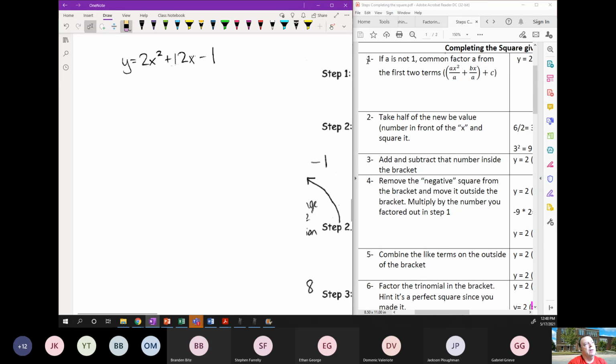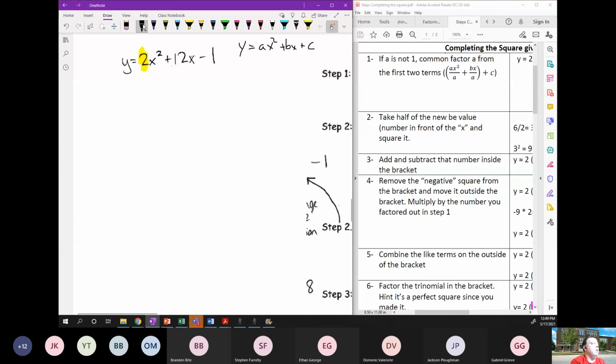So step 1 says, if A is not 1, and what I mean by A is the number in front of the x squared. That's your A value, because if we wrote this as standard form, it's ax squared plus bx plus c. So if the A is not 1, common factor it from the first 2 terms.